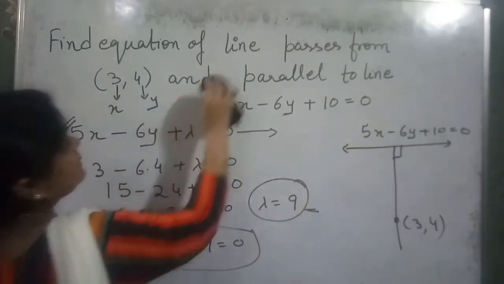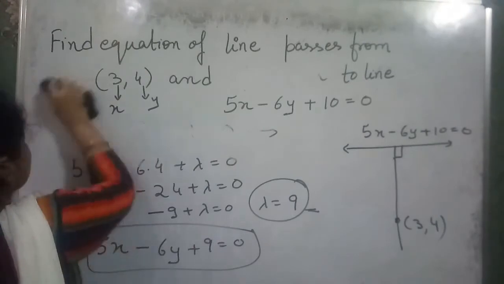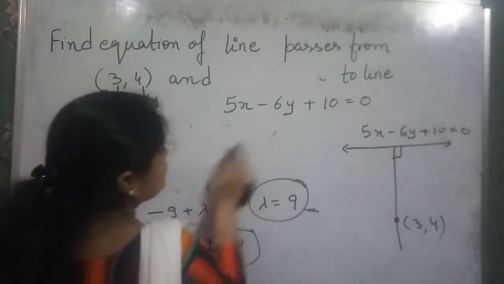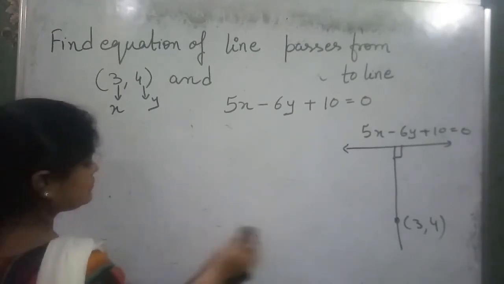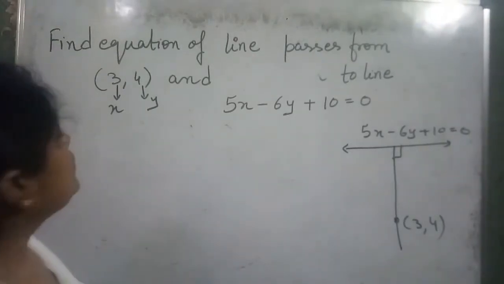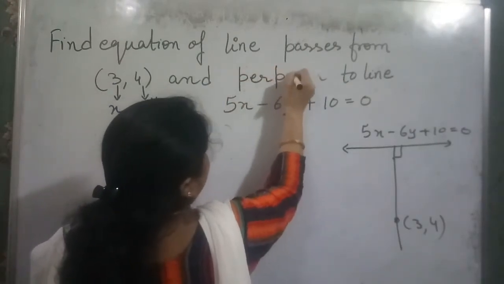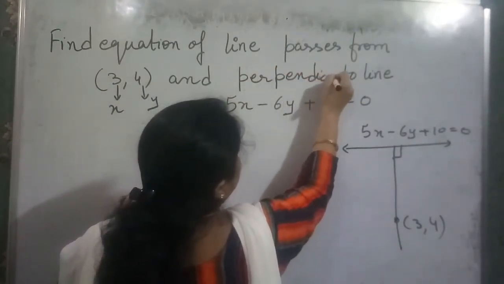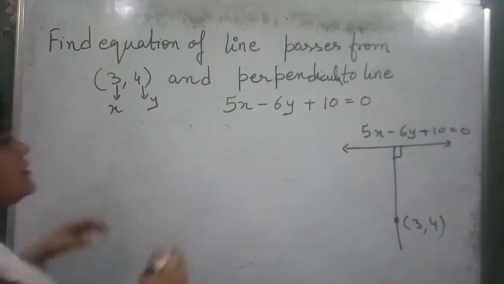In the same way, you can find it very easily in very little time. We have to find the equation of the line which passes through that point and is perpendicular to this line. Okay, listen carefully.